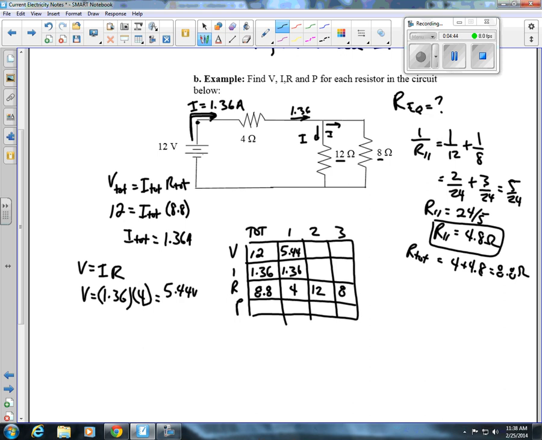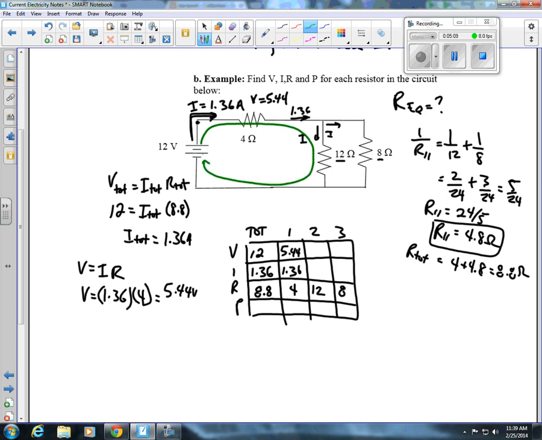But what I do know is this. If I do a loop rule for my voltages, I'll be able to get someplace. So I know this is 5.44 here. Now the loop says the voltage in the resistors has to add to the voltage of the battery for any loop I take. So let's say I do the left-hand loop. I'm going to kind of draw this in green. I'm doing this left-hand loop right here. All right.